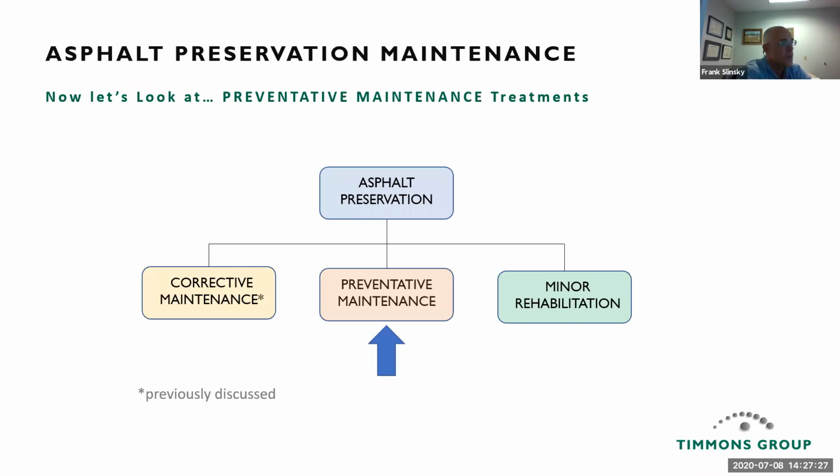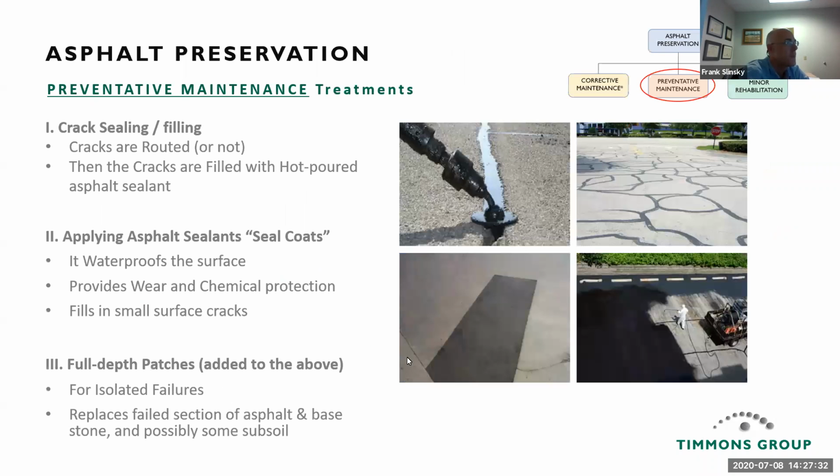So let's look at the preventative maintenance treatments. Preventative maintenance treatments include crack sealing and filling. Cracks are routed or not. Then the cracks are filled with hot poured asphalt sealant.